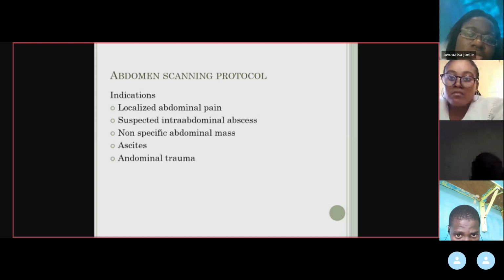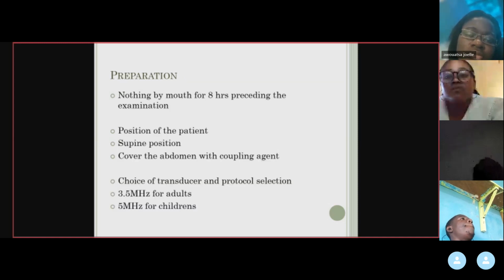Also if there is a non-specific abdominal mass, ascites, that is collection of fluid in the peritoneum, or any abdominal trauma. So remember that indications means the cause of that study.